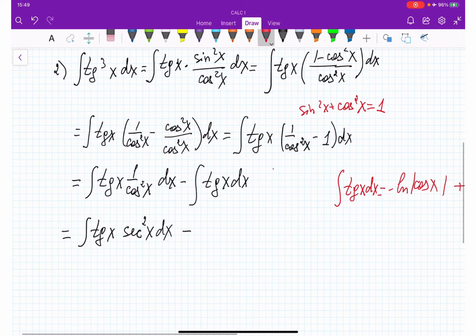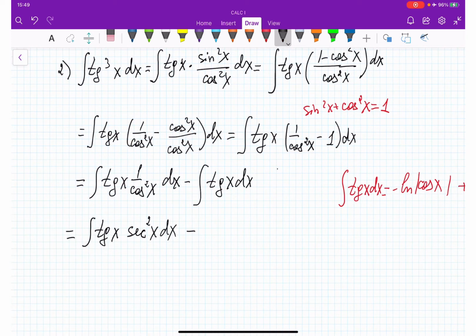So it's going to be here: minus negative natural log of cosine x.